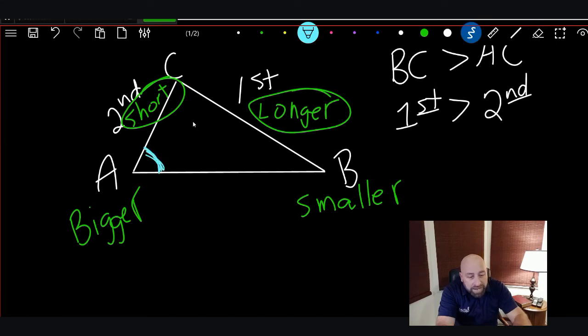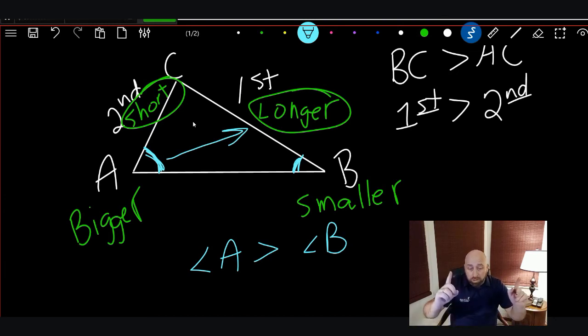So if I say, okay, angle A is greater than angle B, and that's what we have. So we have A is bigger than B, and you can see that. It's visually something that you can see. So then Theorem 14 says the opposite side of the bigger angle is going to be longer than the opposite side of the smaller angle. It's going to be shorter. That's what Theorem 14 says. So it's the converse of Theorem 13.